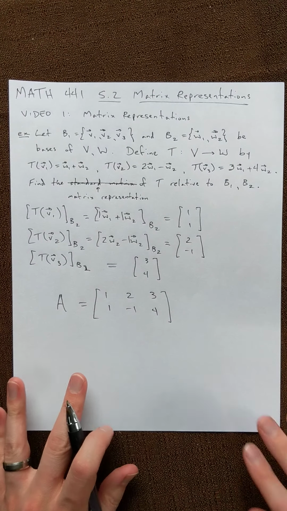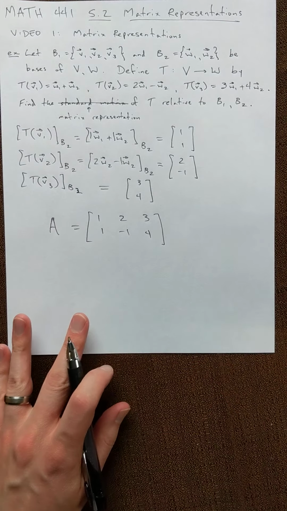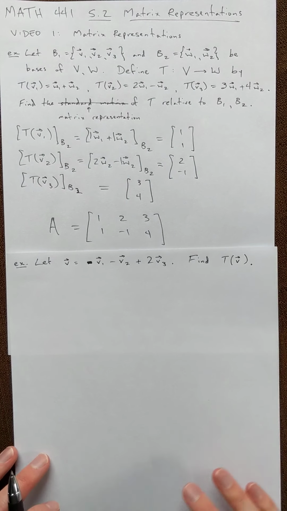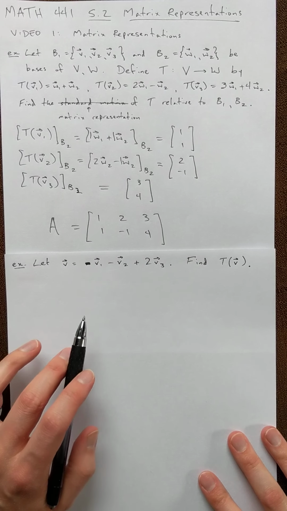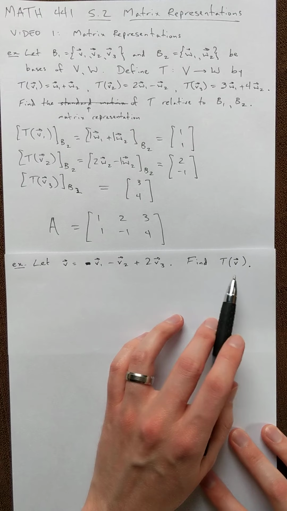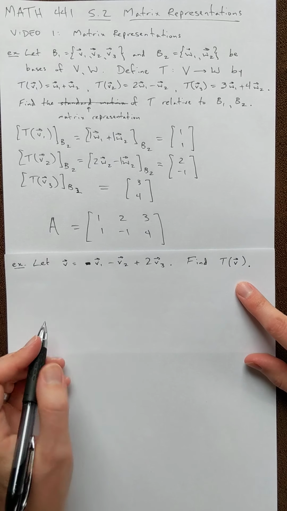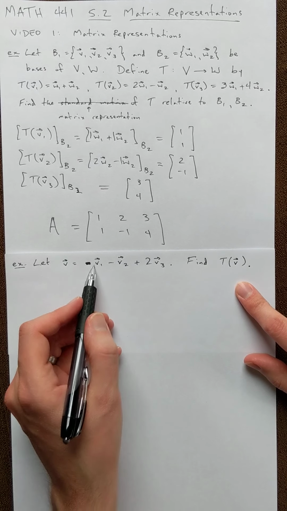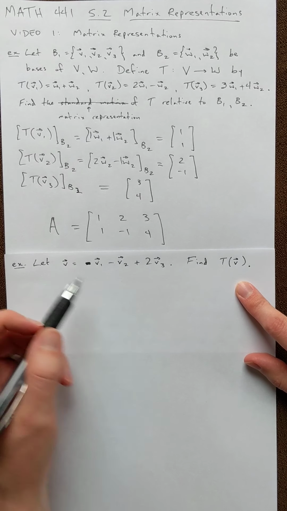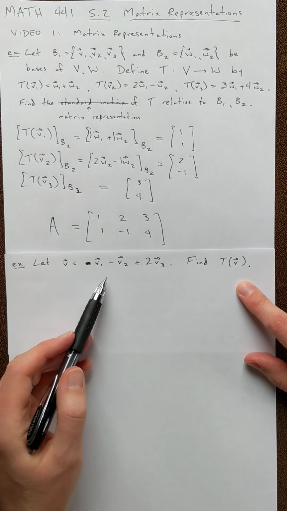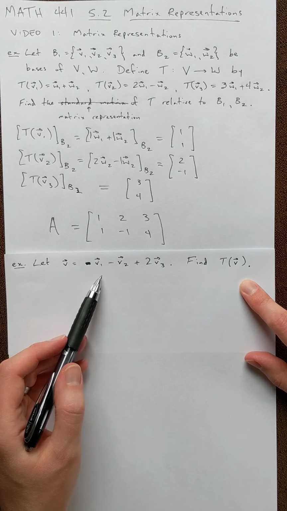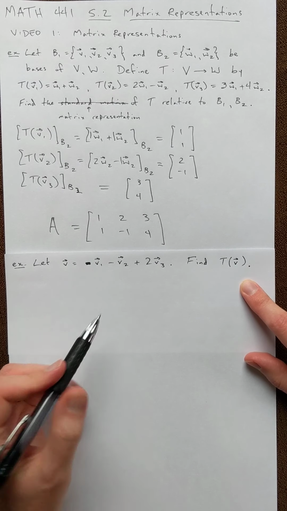One other cool consequence of this. Suppose I give you a vector and I want to find T of that vector. We actually have two convenient ways to do it. Option number 1: this particular vector is a linear combination of things from our basis of the domain.